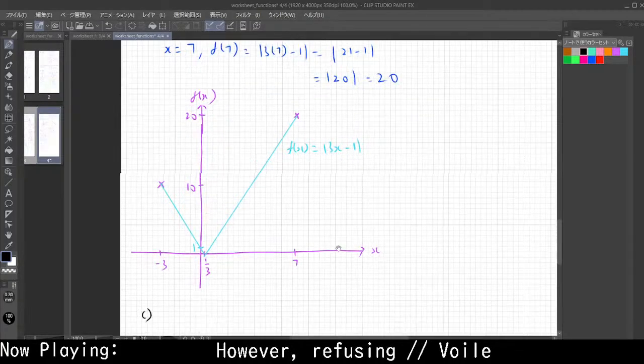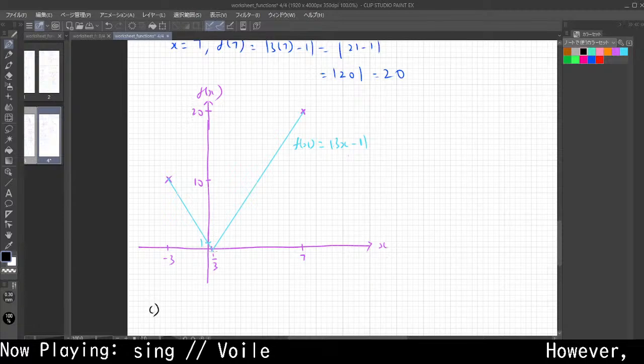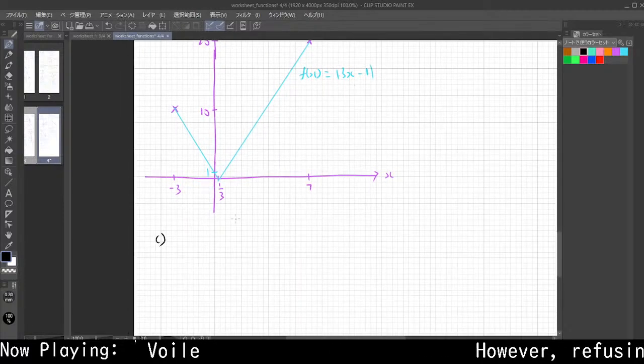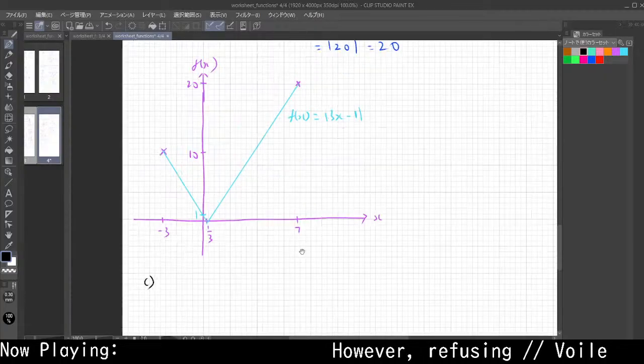Question C asks for the range of f(x). In this case, range is the vertical values on the vertical axis. You start from 0 and go all the way until 20. Because this is an absolute value, it has no negative numbers whatsoever.